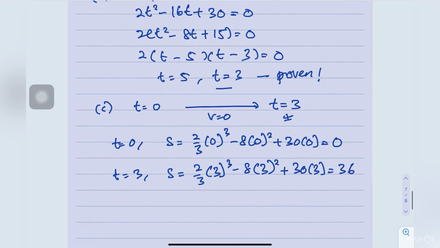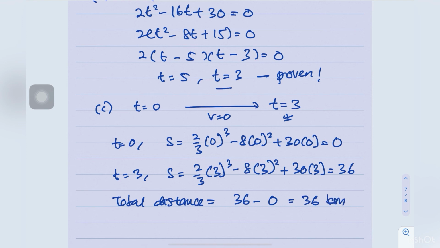So the total distance equals 36 minus 0, which is 36 kilometers.